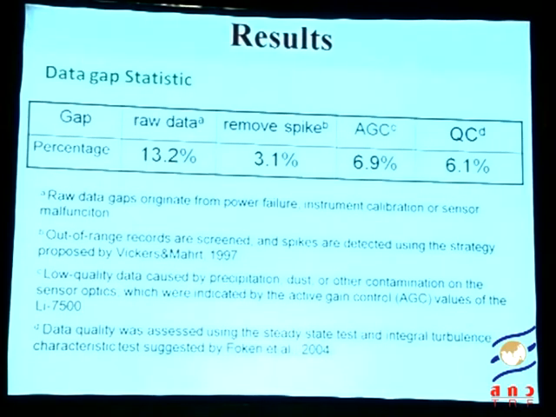Another point I have to say is that EC usually has data loss due to power failure, instrument calculation or sensor malfunction, and also due to weather like rainfall or snow, and by dust or other conditions on the optics of the sensor. So you can find that the data gap is always larger than 30%. That is, only about 70% is good quality over one year.